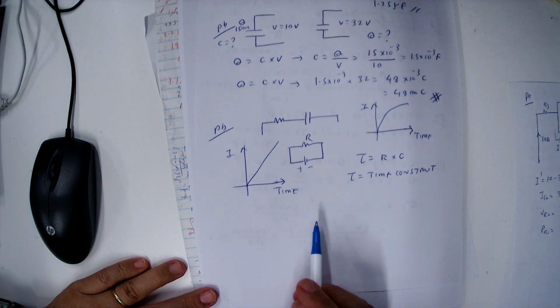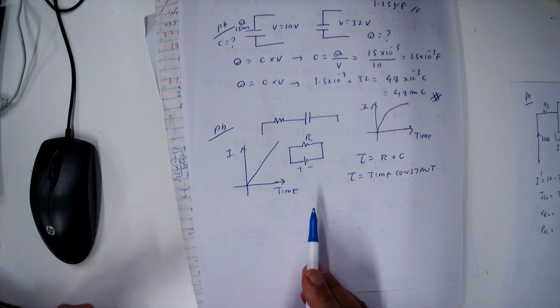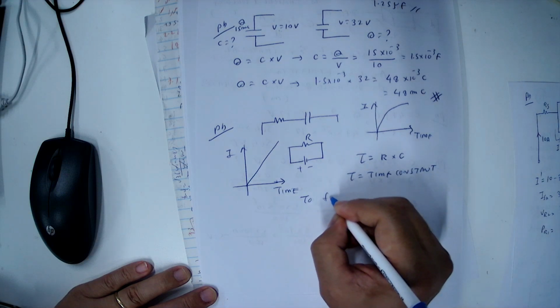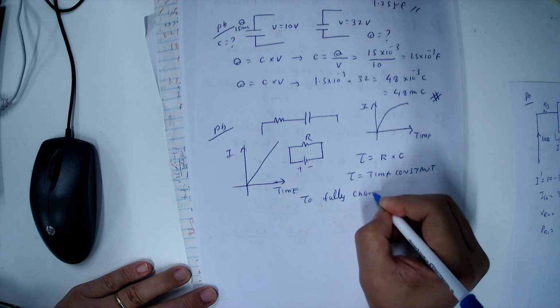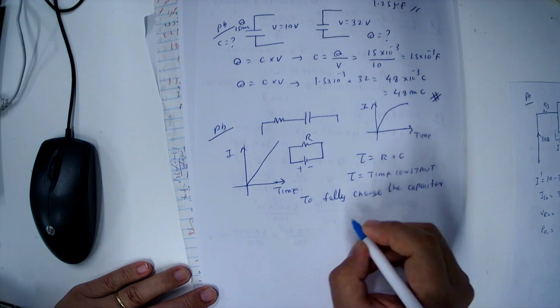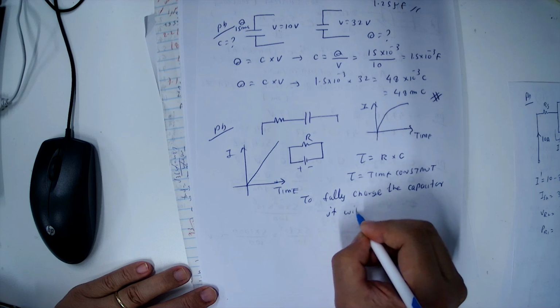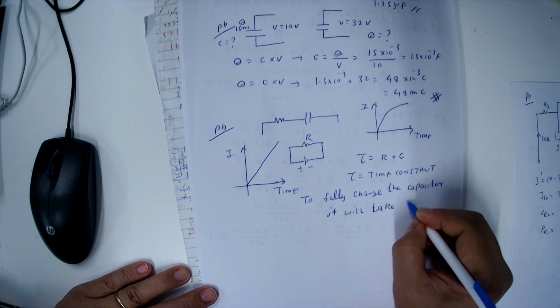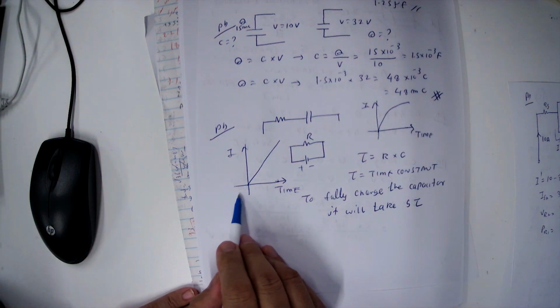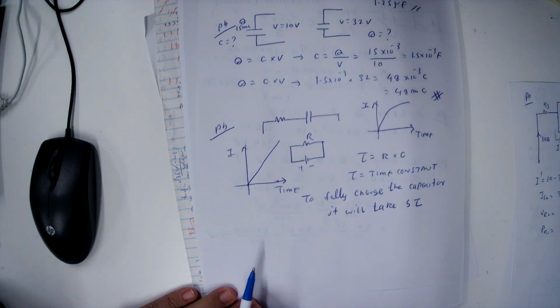So that we can charge the capacitor. To fully charge the capacitor, it will take 5 time constants. So this is the equation. The resistor and the capacitor are different. When you connect the resistor to the supply, the characteristic is a straight line.